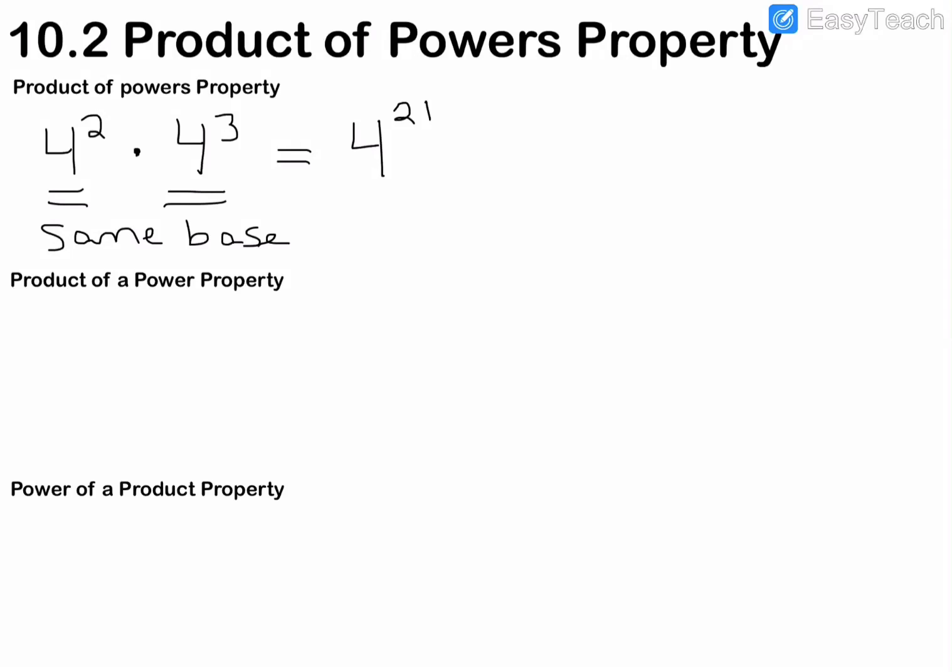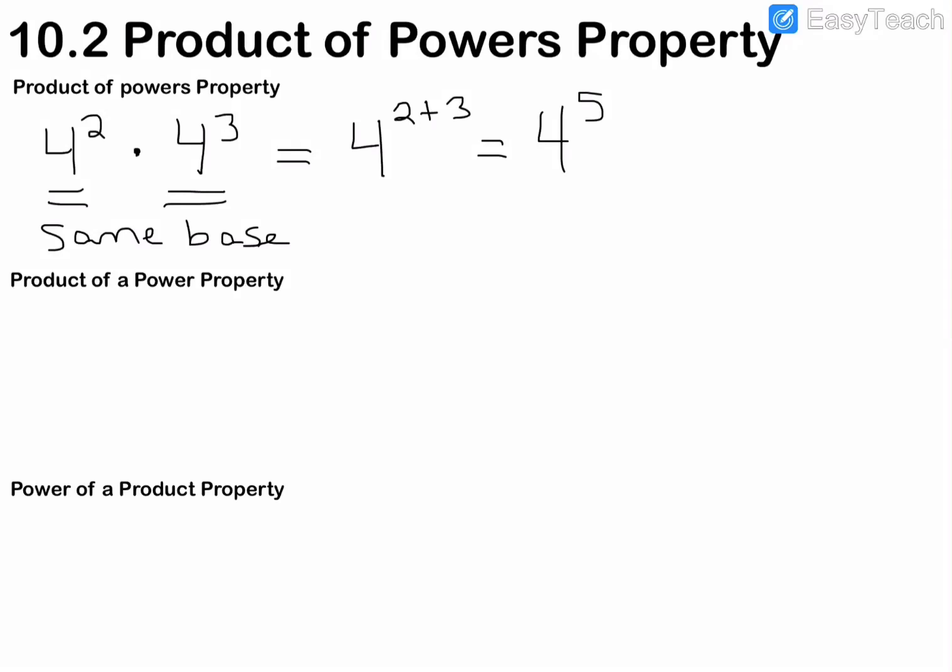So 2 plus 3, which then equals 4 to the 5th power. So anytime you see an expression that is a multiplication problem, this only works for multiplication, not addition or subtraction or division, only multiplication, you would just keep the base and add their exponents.